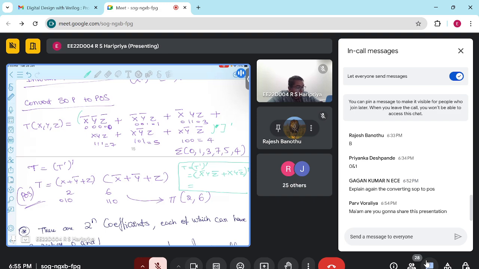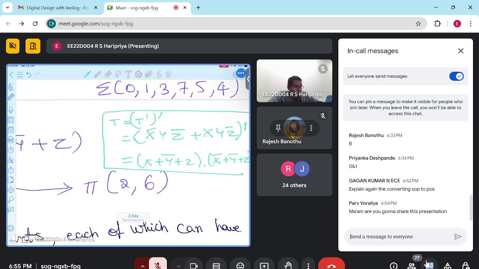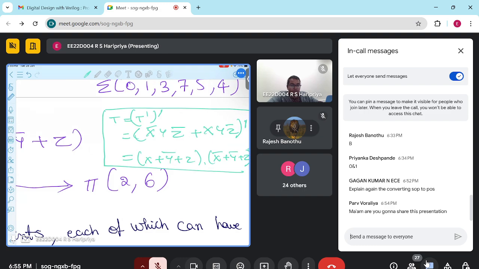Again, by De Morgan's theorem, x plus y plus z, x complement plus y complement plus z. So I hope this is clear.